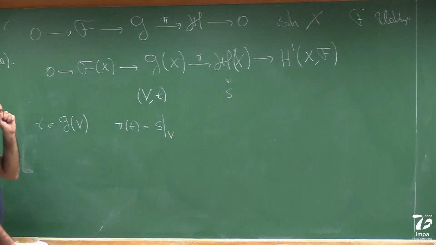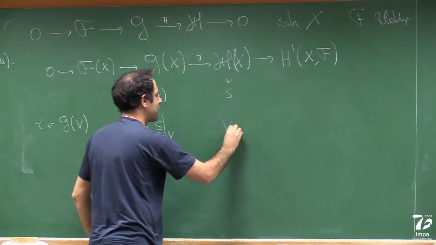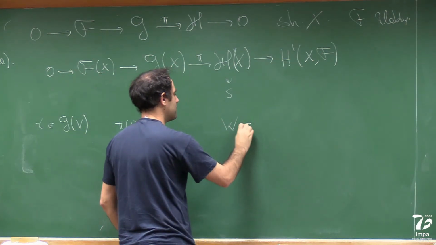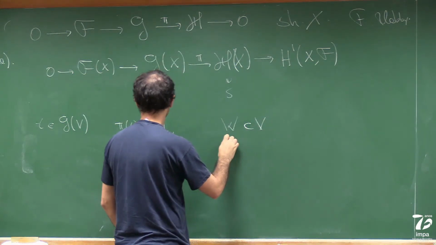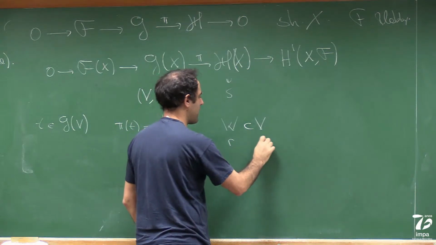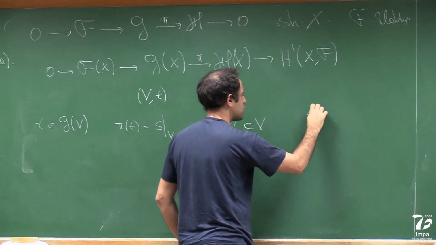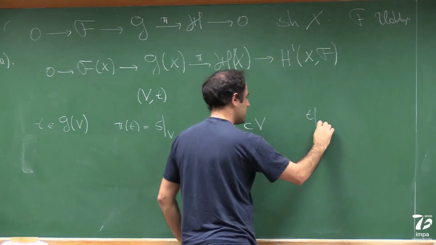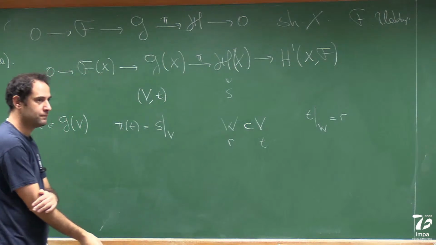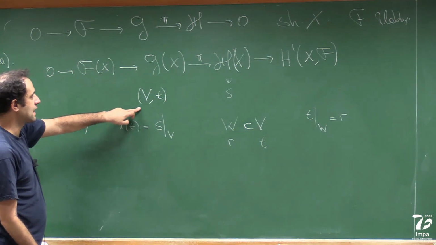Now, this is a directed system. If you have some W that is included in V, and some section R on W, then I can say that (V, T) is less than (W, R) if the restriction of T to W is equal to R. So this gives me a directed system of objects satisfying this condition.